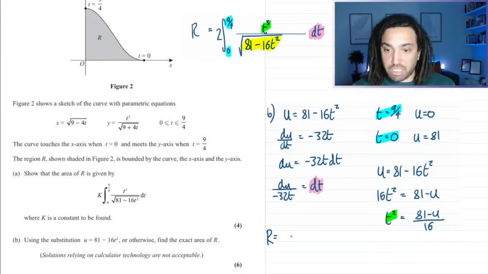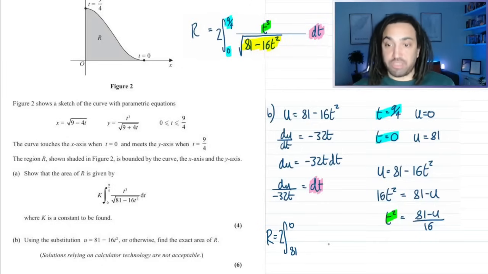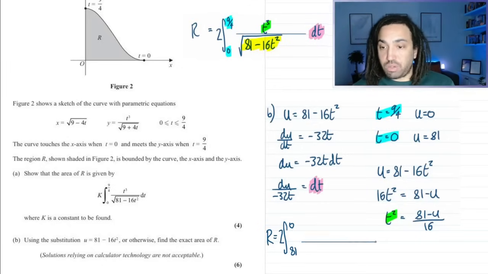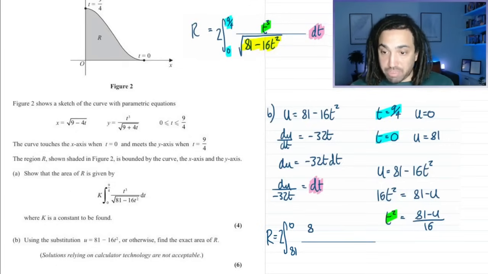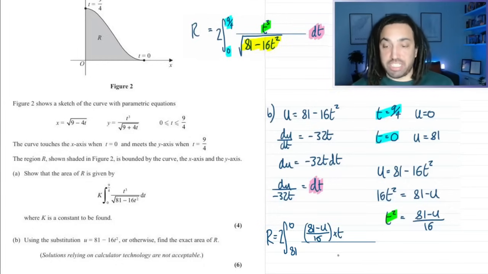So it becomes r is equal to the integral between 0 and 81. There is a 2 outside, don't forget that. And we have on the top a t cubed, but we're going to sub in for t squared and then multiply it by t to get the t cubed.